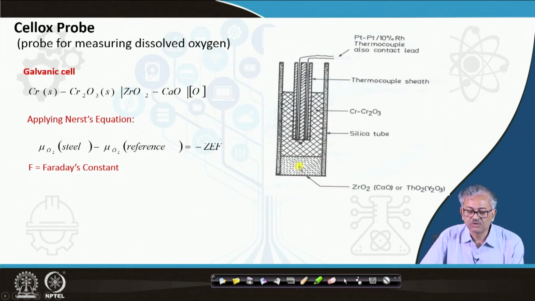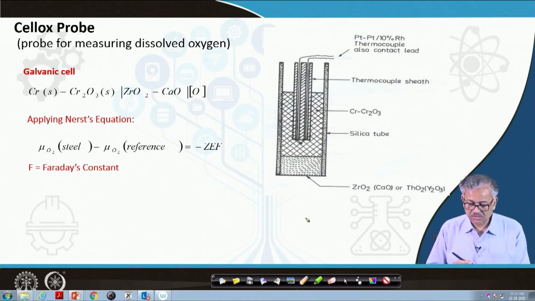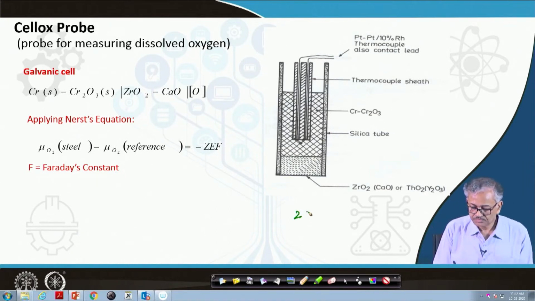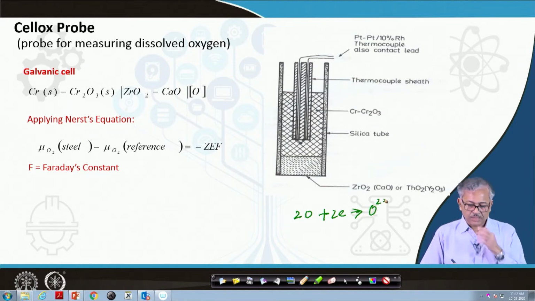So the oxygen ion will move here. Basically the dissolved oxygen will form the oxygen ion. The anodic reaction that will take place is that the oxygen atom takes 2 electrons, forming O2 minus.